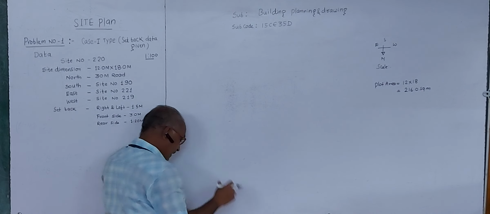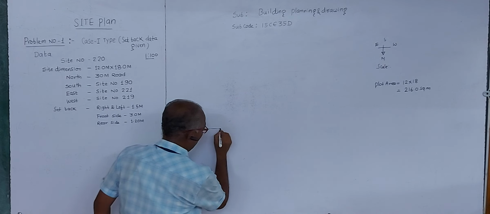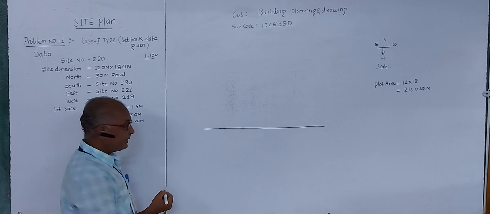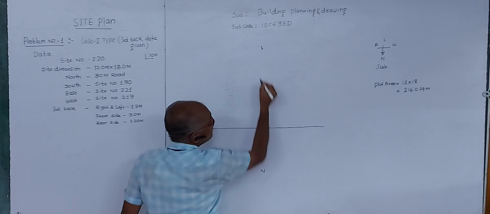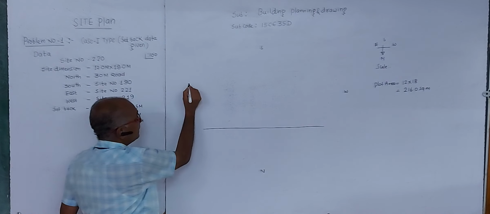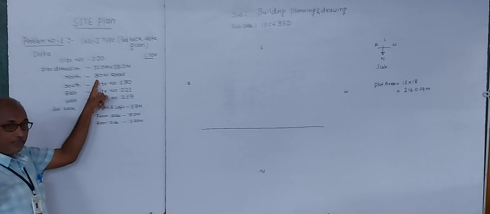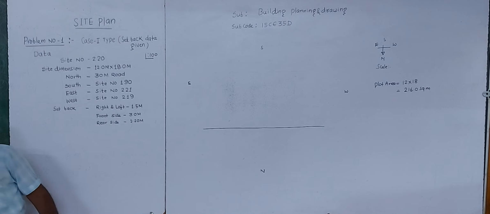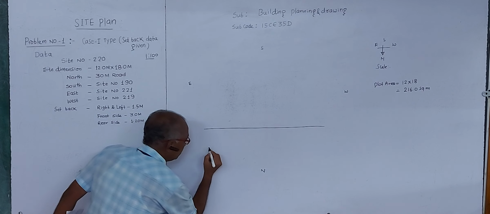Here the north will be in this direction, so the road is 30 meter wide. You have to draw one horizontal line by using the mini drafter. This is the north direction, this is the south, this is the west and this is the east. In the north direction there is the 30 meter road.